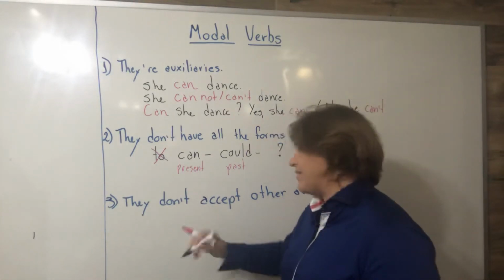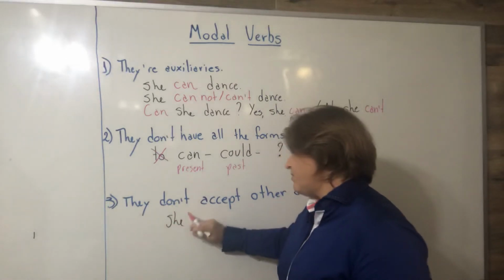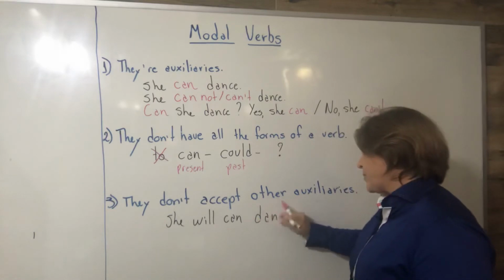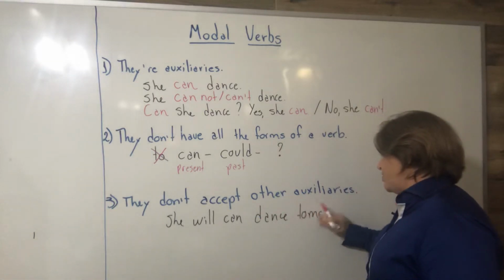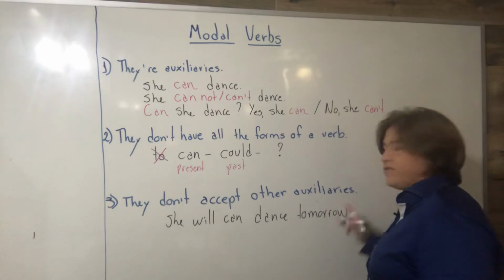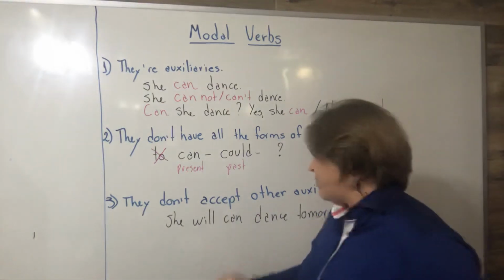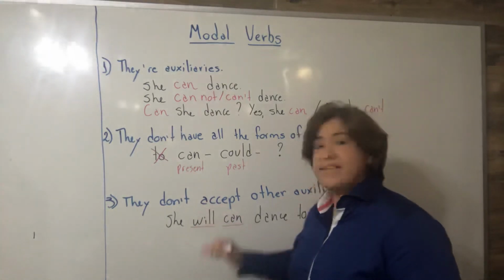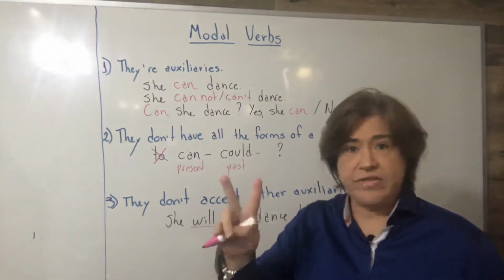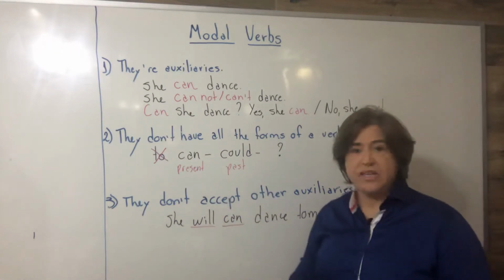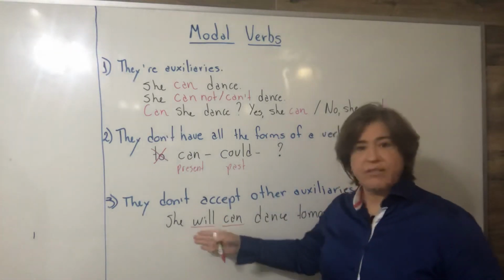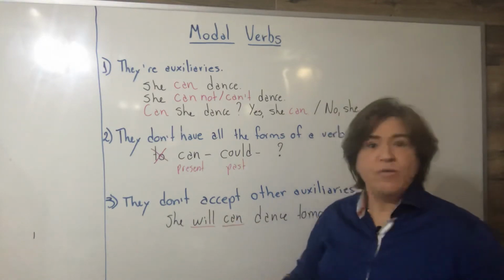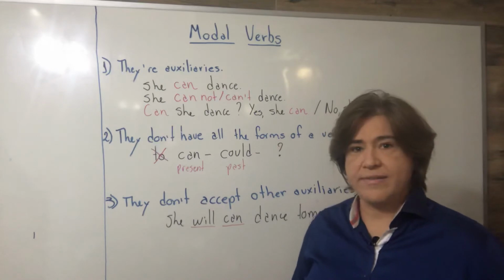Some students sometimes say this: she can dance tomorrow. Students, not possible. As I told you, can is an auxiliary. Will is an auxiliary. Two auxiliaries together in the same sentence is not possible. You have to decide, do you want future or do you want a modal verb in your sentence? I want a modal verb in my sentence.